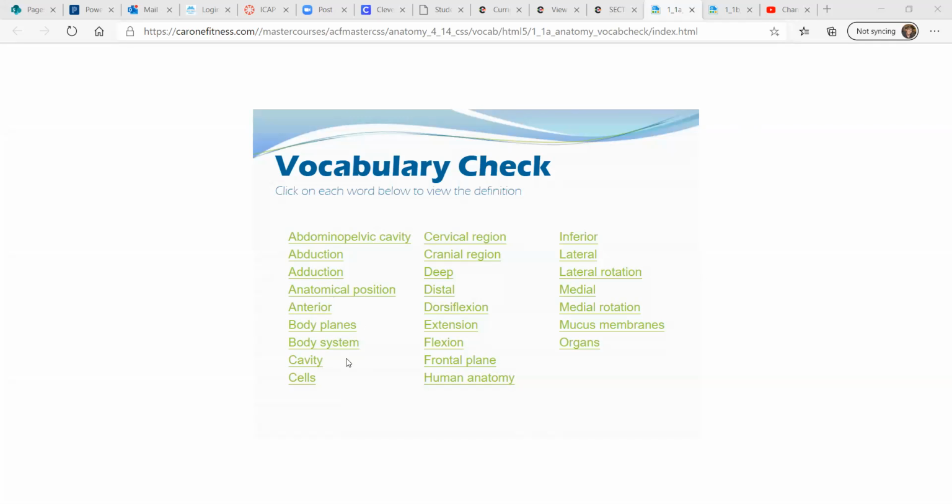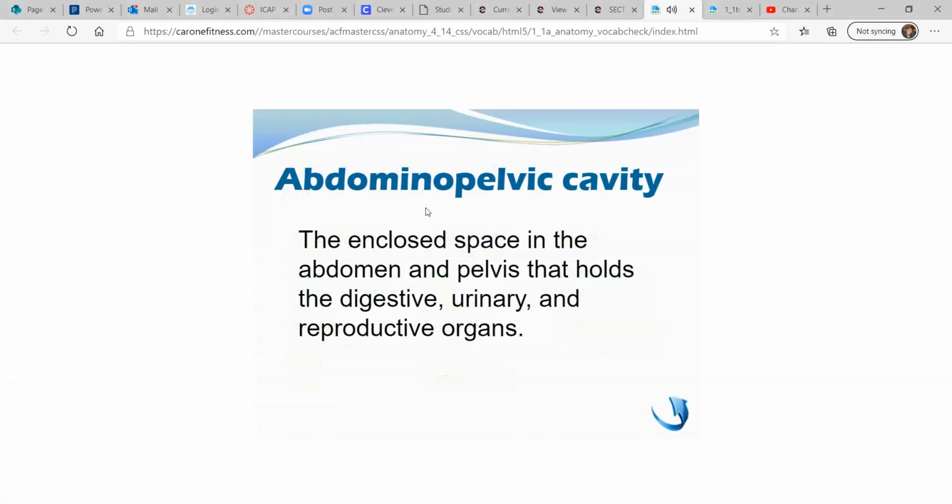Some of this stuff was in the anatomy check before, but I will be going over the things that were not covered in that section. So, the abdominopelvic cavity. A good way to think of these things is to break it down into meaningful parts of the words.